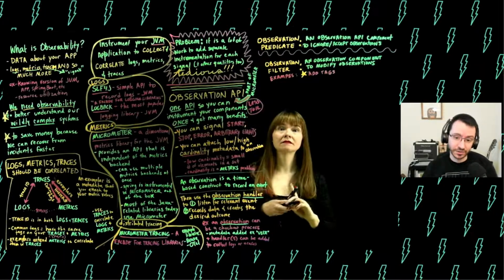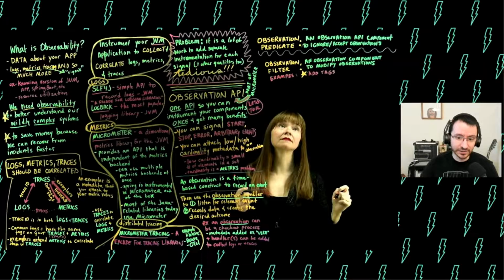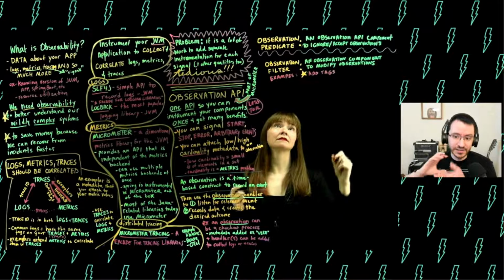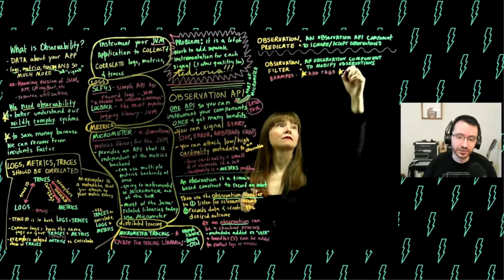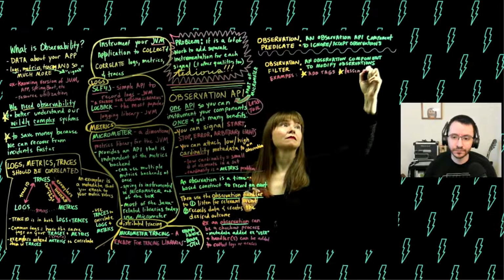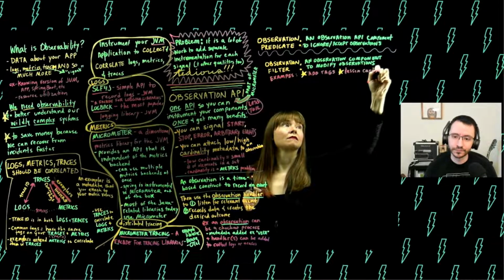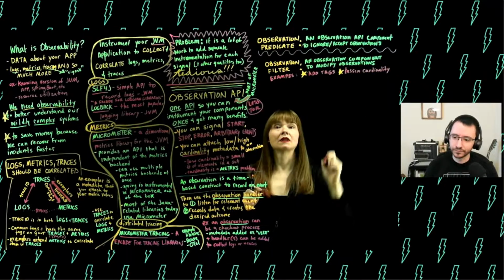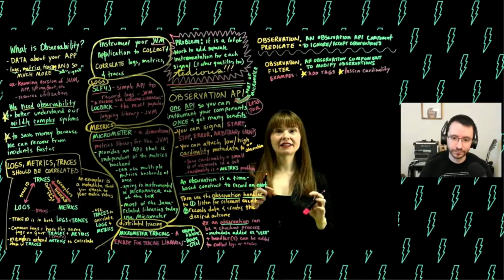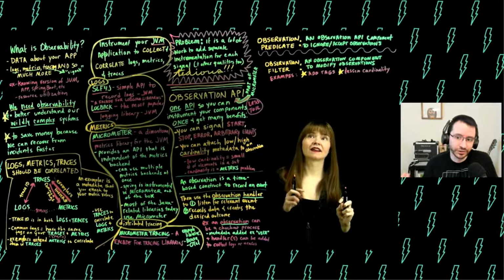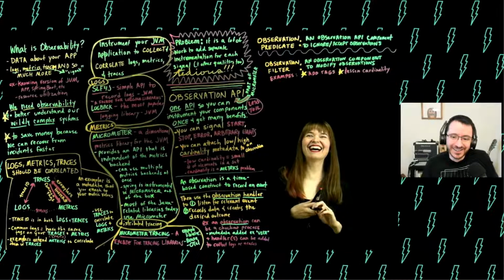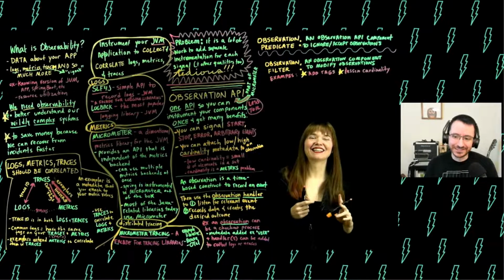So you can use an observation filter to add details, remove details, basically modify and transform the whole observation as you go, at runtime. You can also add tags with lower cardinality, or broader cardinality if you want. That's up to you. You can do whatever.